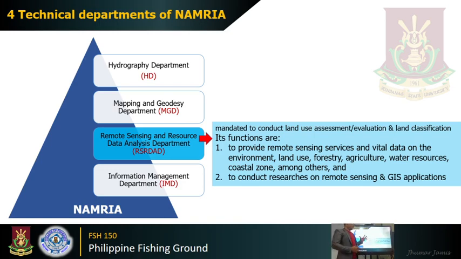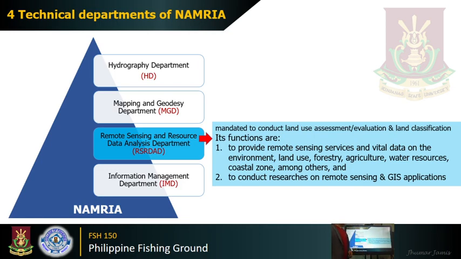So first function of this agency or department is to provide remote sensing services, vital data on the environment, land use, forestry, agriculture, water resources, coastal zones, and among other datas. And they are also responsible to conduct researches on remote sensing and GIS applications. So those are the functions of RSRDAD.